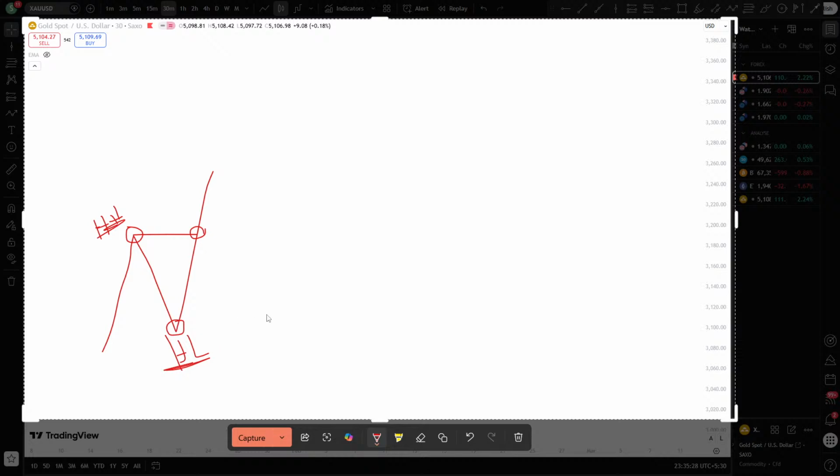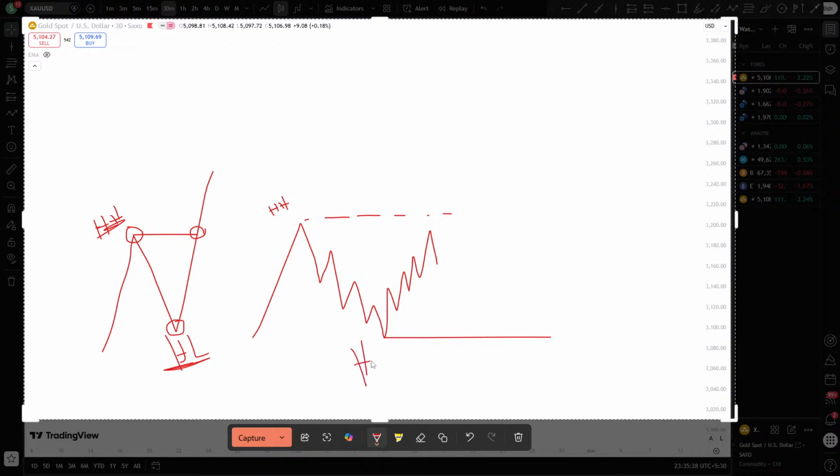Okay, so what a lot of people don't understand at times is this. You find out that the market is moving, and the moment they see the market starting to move like this, before the market can break this higher high, they mark this point as their higher low. So what happens when the market now starts giving us a pullback?